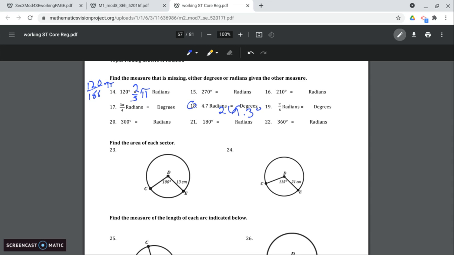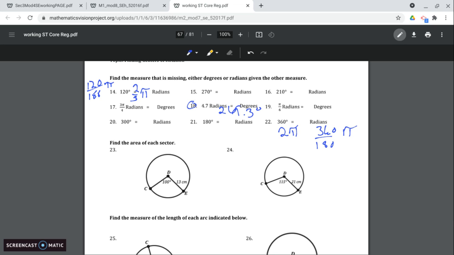So when you have a decimal, just divide it by pi and multiply by 180. But just reviewing that, converting our degrees and radians. So like for this one, 360 over 180 times pi, and that's going to give us 2 pi radians.